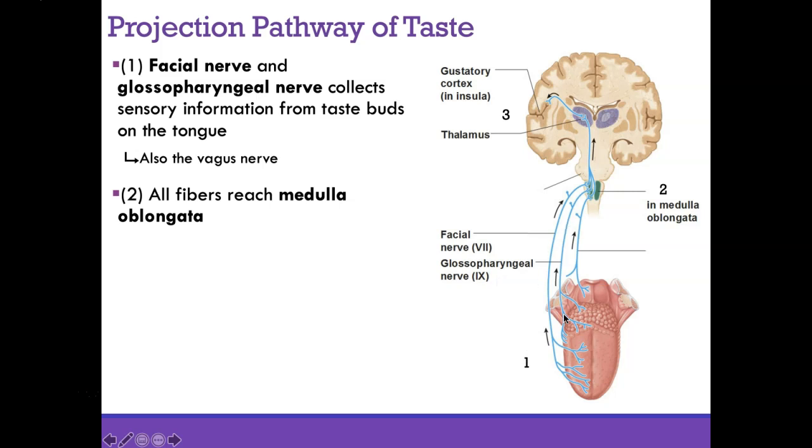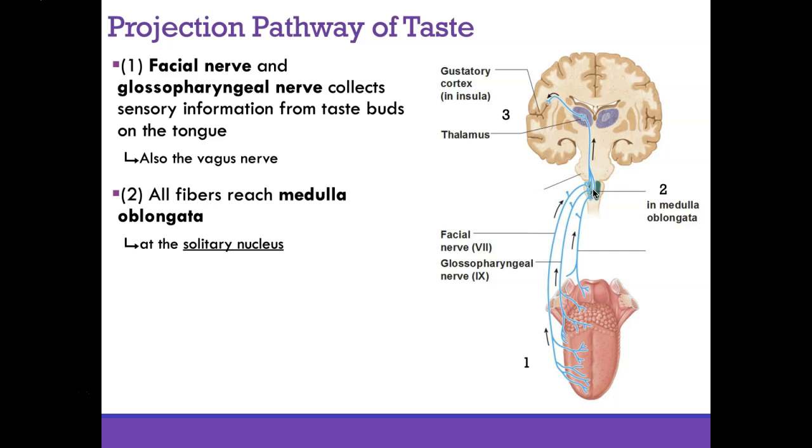Those are both directly hooking up the taste buds to the brainstem. So all fibers reach the medulla from the cranial nerves. Specifically, it's called the solitary nucleus. So all the taste fibers project to the medulla in the solitary nucleus.